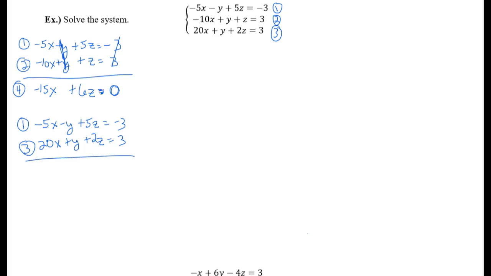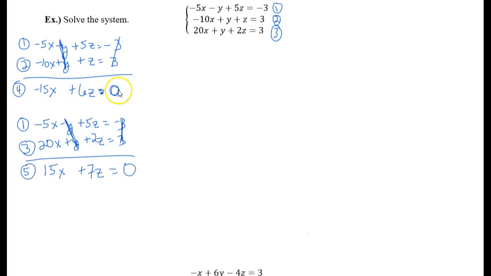Alright, 20x and a negative 5x would be positive 15x. Plus y minus y, that's 0. 5z plus 2z is 7z. And negative 3 plus 3 is also 0. I'm going to call this one equation 5.